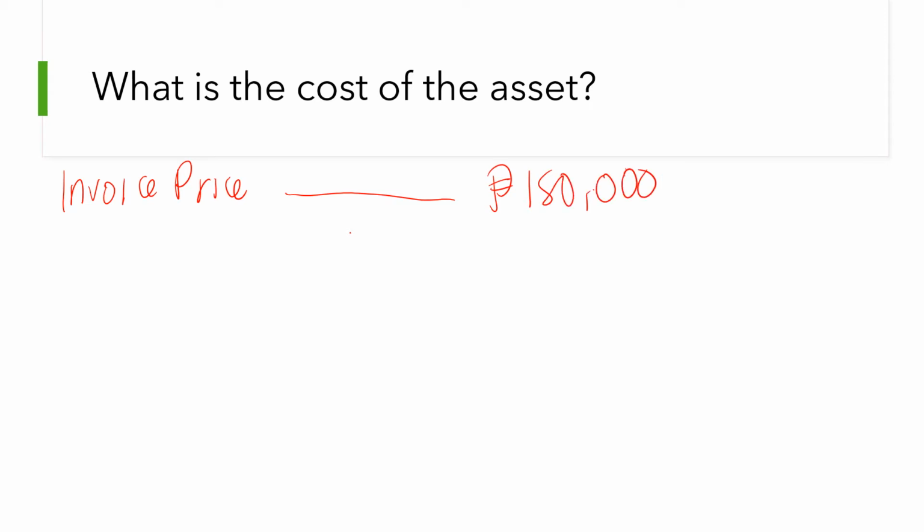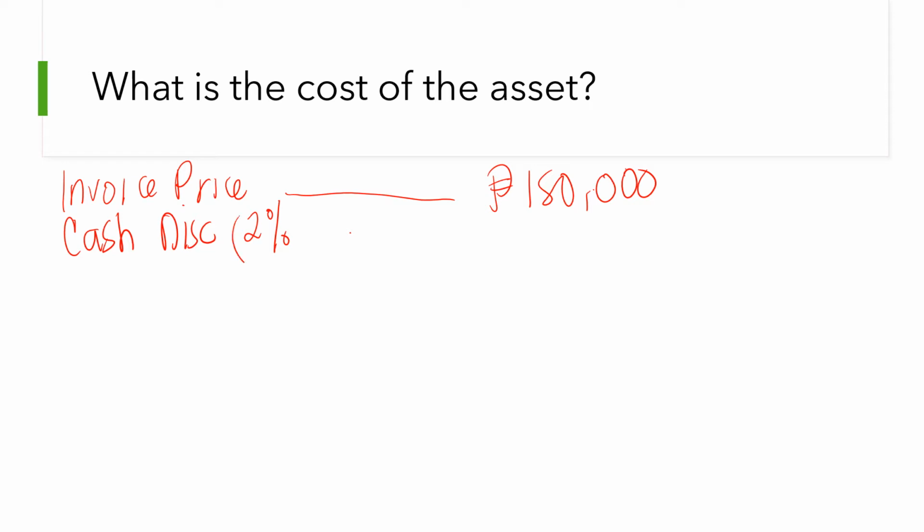In addition to the invoice price, remember it is subject to cash discount. Although according to the problem, the company paid its liability to the seller within 10 days, meaning the discount is taken or the company paid within the discount period, regardless, taken or not taken, the 2% cash discount should be deducted.